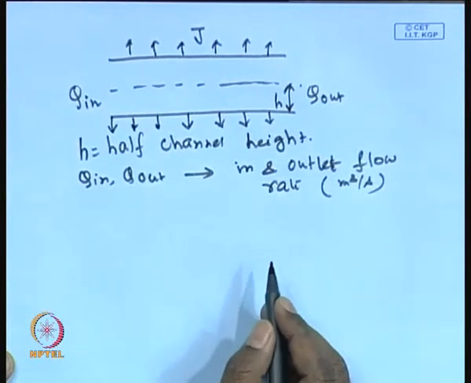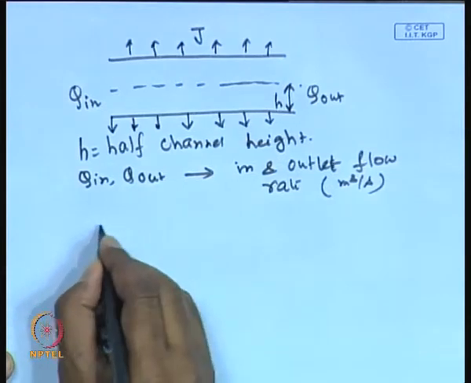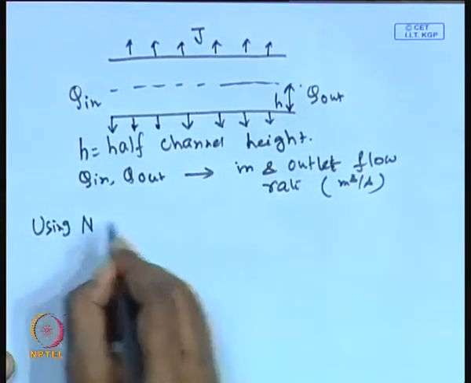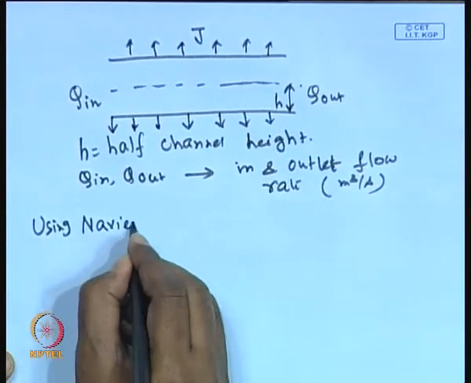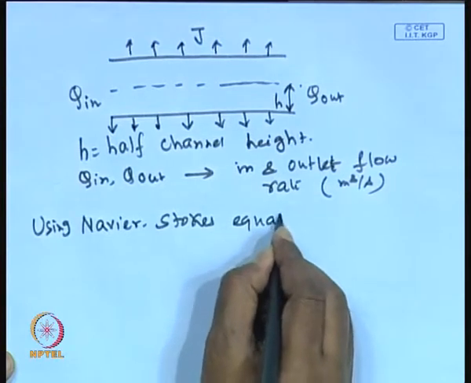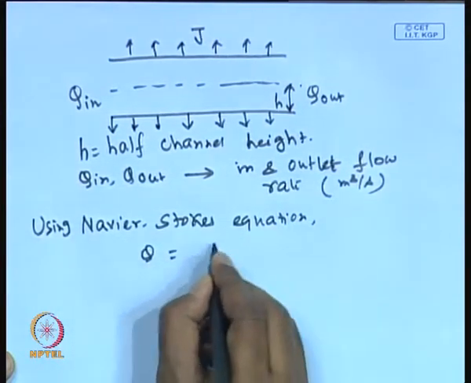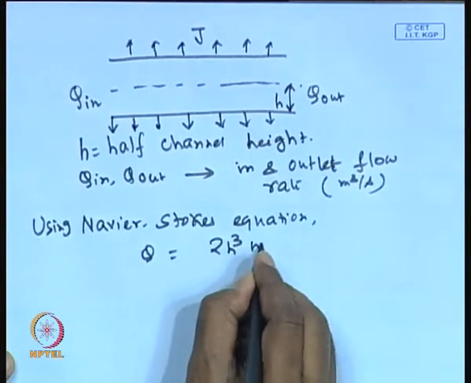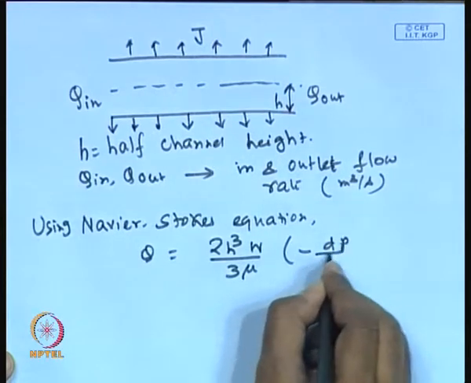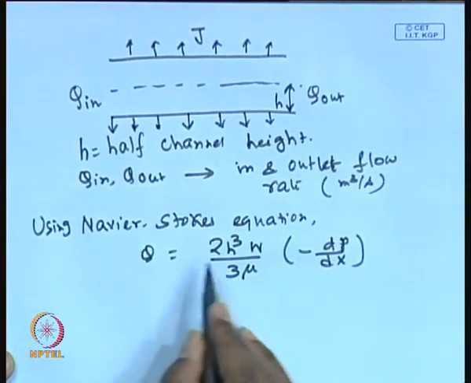Now, for a slit with an impermeable wall, using the Navier-Stokes equation, you can calculate that q is nothing but 2 h cube w divided by 3 mu times minus dp dx. Okay. So, this comes from the Navier-Stokes equation.